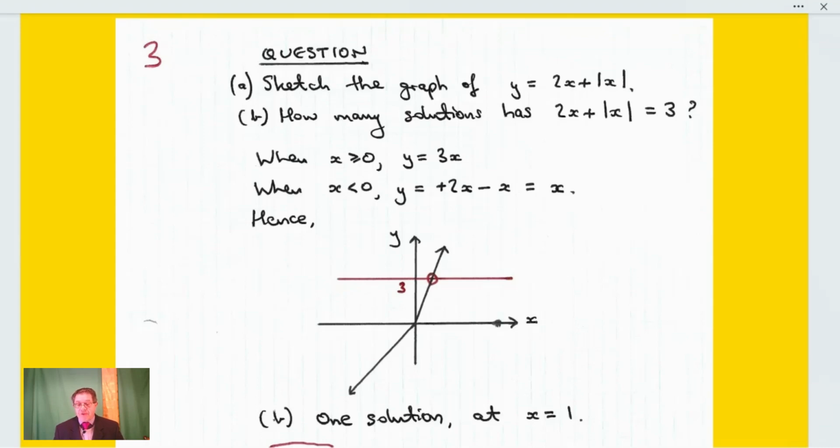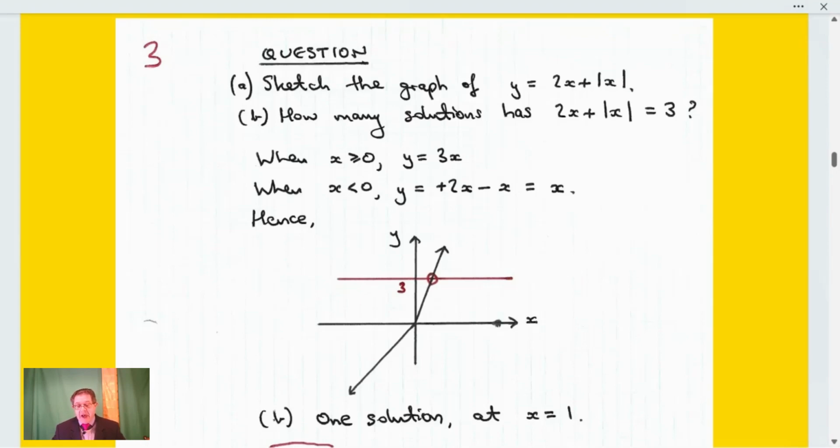So what happens is, on the right-hand side, when x is positive, we get y is 2x plus x, which is 3x. So the characteristic graph y equals 3x to the right of the axis. But when x is negative, we get y equals 2x take x, which is x. So the characteristic shape of y equals x on the left-hand side.